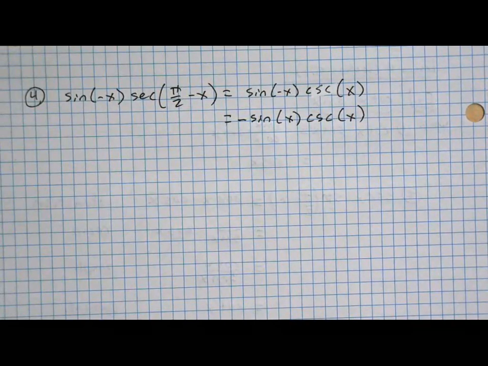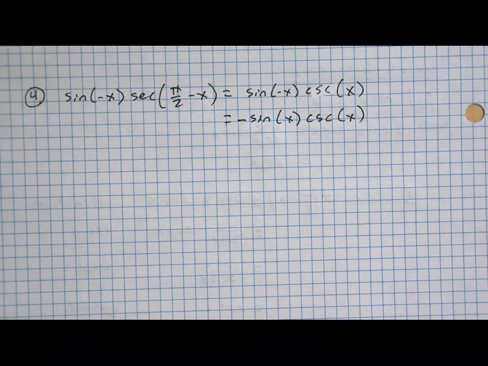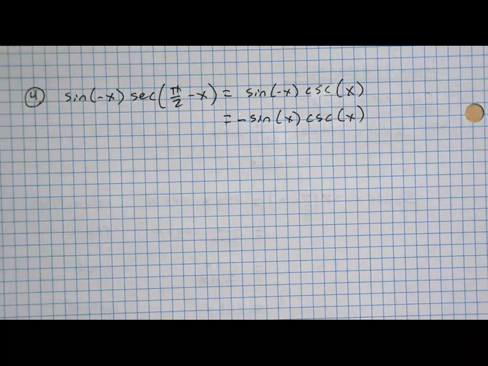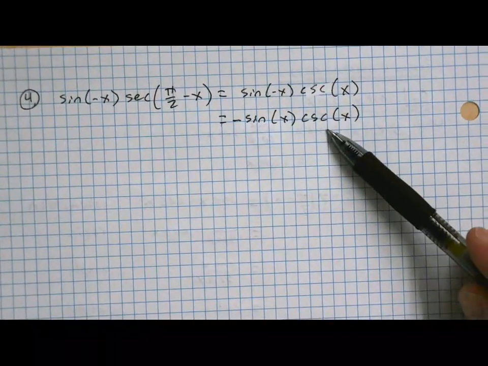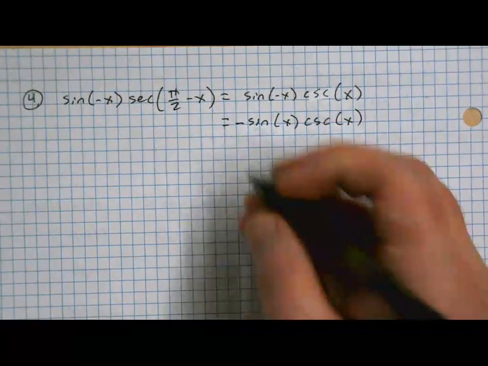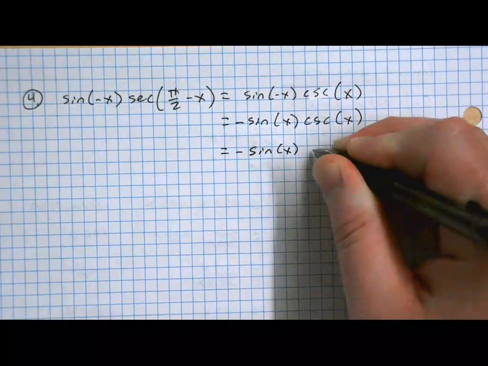I'm thinking about maybe trying to get everything in terms of sine and cosine and see if maybe something cancels or see if I can maybe get a tangent or a cotangent out of this. So cosecant we can turn into what? 1 over sine? Ooh, we're going to multiply sine by 1 over sine.